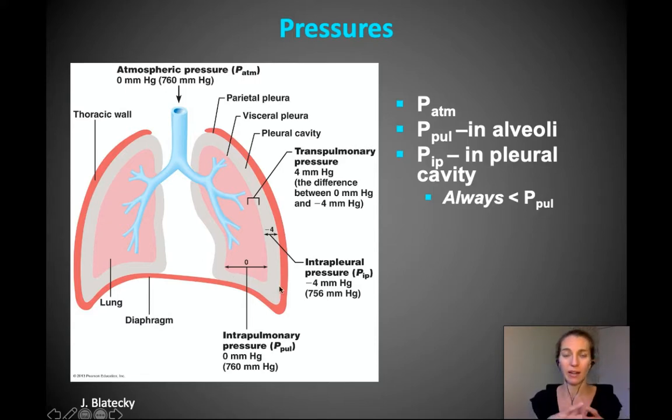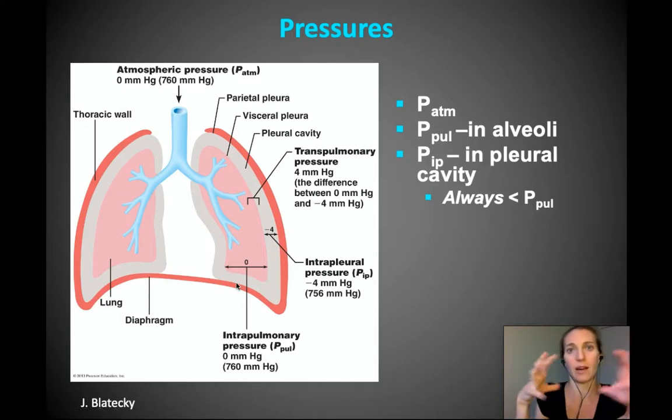So between our visceral pleura and our parietal pleura lies this cavity. What we see with this intrapleural pressure, P subscript IP, is that it's always going to be lower than the pulmonary pressure. And that's essentially to ensure that the lungs don't collapse, right? If the pressure here were to be greater, it would be squeezing or pressing on our lungs.